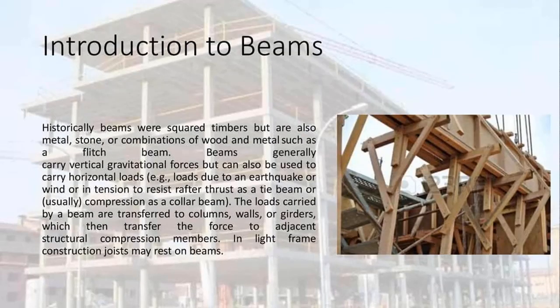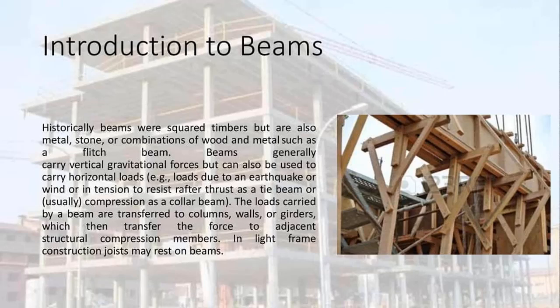Historically, beams are squared timbers but are also metal, stone or combinations of wood and metal such as a flitch beam. Beams generally carry vertical gravitational forces but can also be used to carry horizontal loads, for example loads due to an earthquake or wind, or in tension to resist an outward thrust as a tie beam, or in compression as a collar beam.